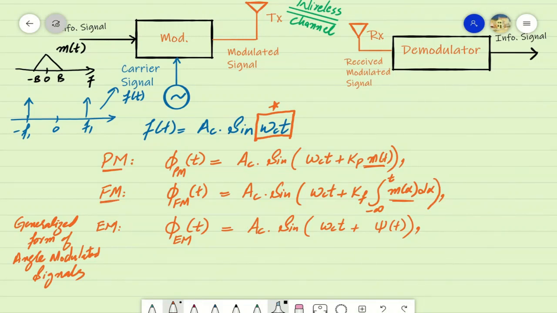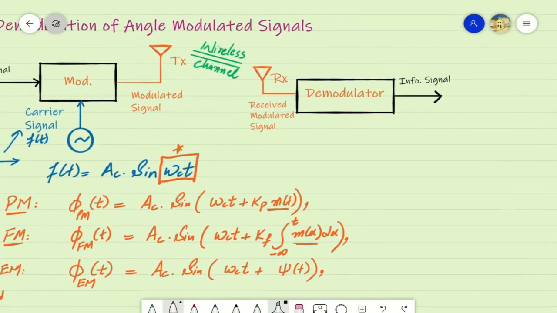To demodulate such signals at the receiver side in order to obtain the information signal, we require a demodulator which can extract information from the phase or frequency of the received modulated signal. For the remaining part of this lecture, we will consider the demodulation of only frequency modulated signals, where this analysis can be extended to understand the demodulation of phase modulated signals.